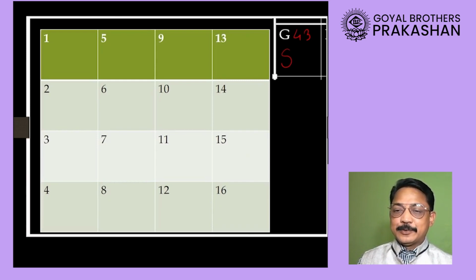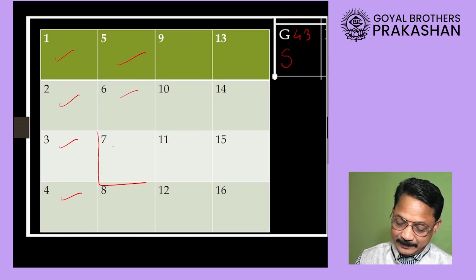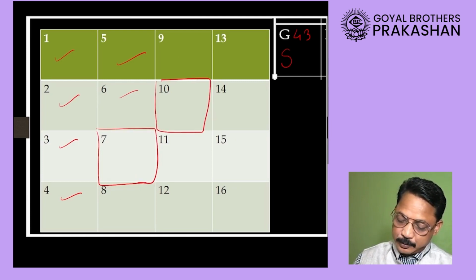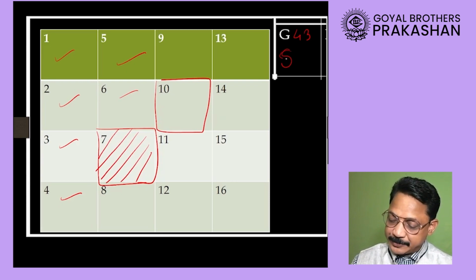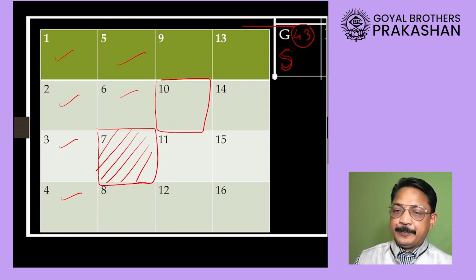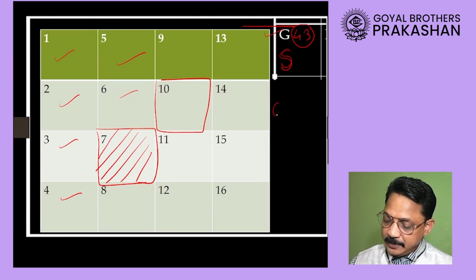How many parts are there in total, dear students? 16. 1, 2, 3, 4, 5, 6, 7, 8, 9, 10. So when I select this part, my dear students, it is part of what? It is a part of S. This S is part of what? It is part of 43. And this 43 is part of what? G. So this finally will be given the name G43S7.